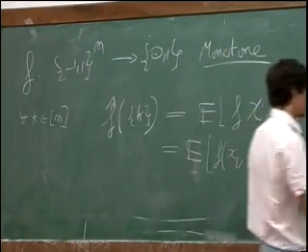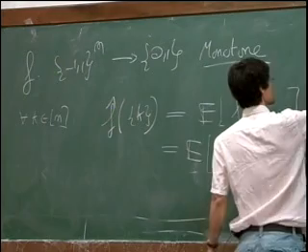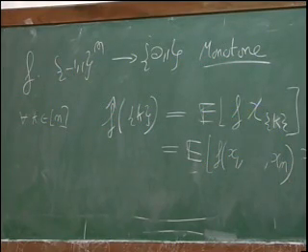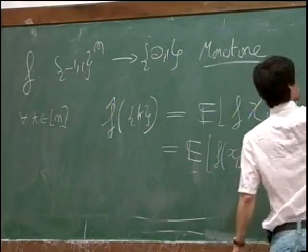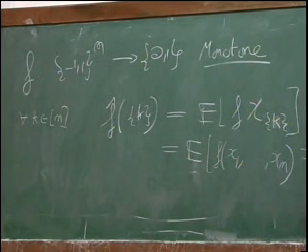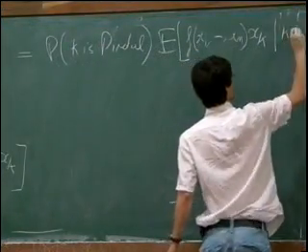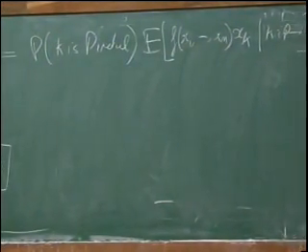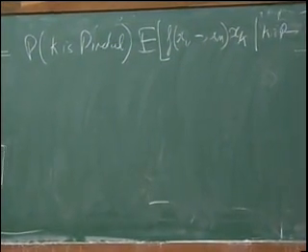So one way to look at it is to say that this is the probability that k is pivotal times the expectation of f times xk, knowing that k is pivotal, plus the probability that k is not pivotal times this conditional expectation.